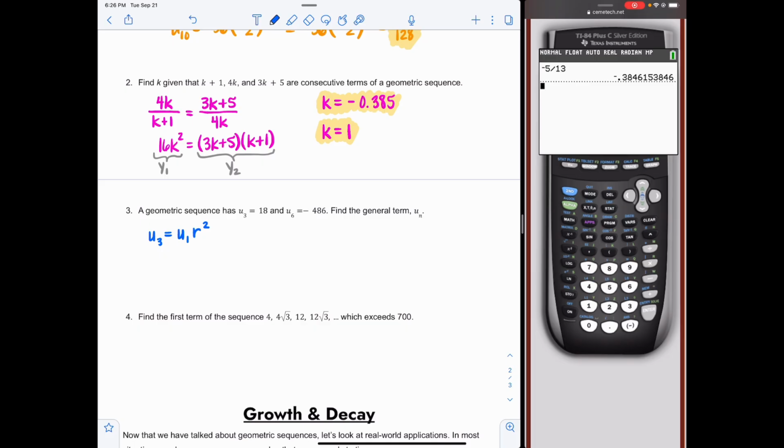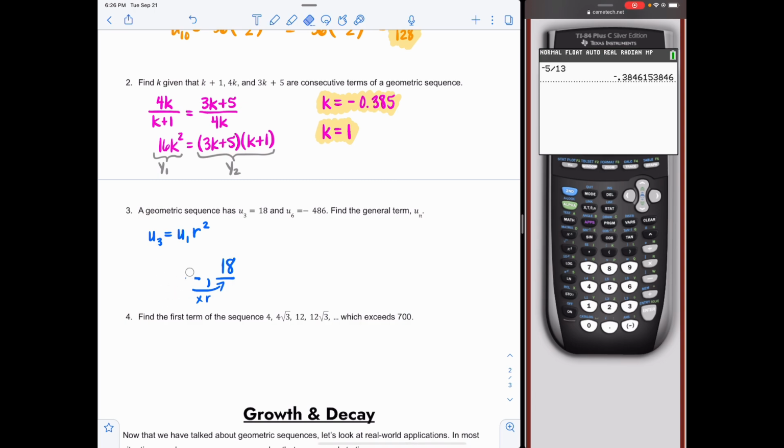So what I mean is you started off with the first term, then you want to get to the second, then you want to get to the third one. Okay? So I'm saying here that the third term is 18, which means that you had to start off with the first term, u1, and you're going to multiply by r twice in order to get 18. Okay?